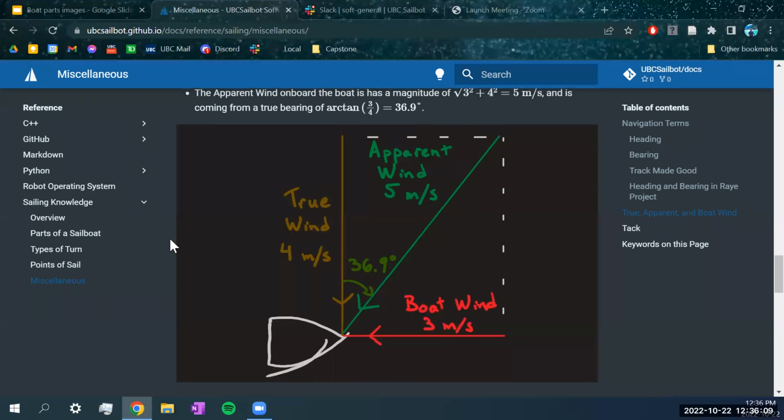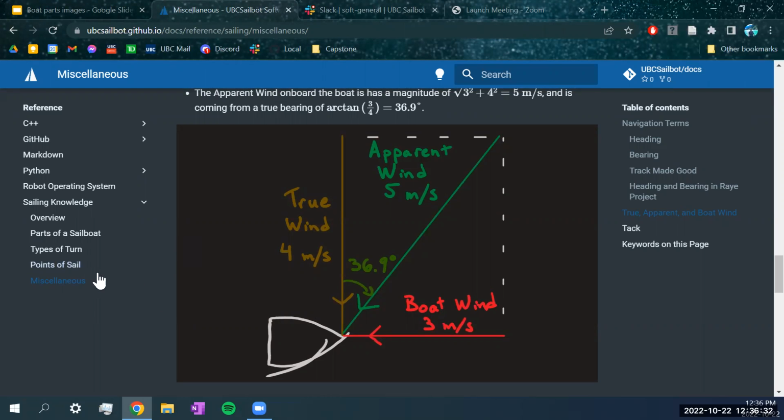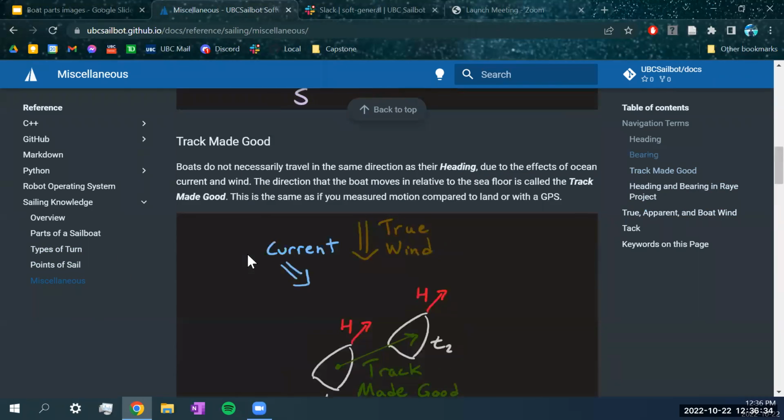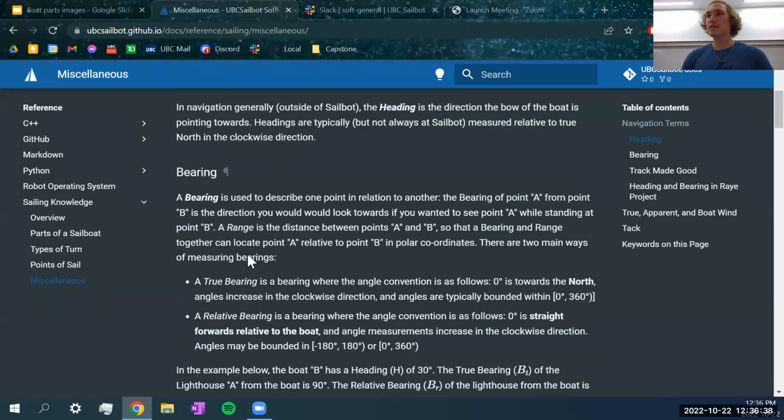Oh, sorry, Patrick, you can go. A lot of the confusing conventions that came from Ray are because of the sailing conventions versus the mathematical conventions, and we're trying to do both. For example, in math, usually 0 degrees is to the right, and in sailing 0 degrees would be forwards.